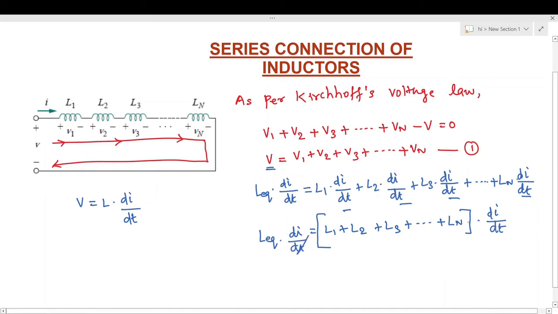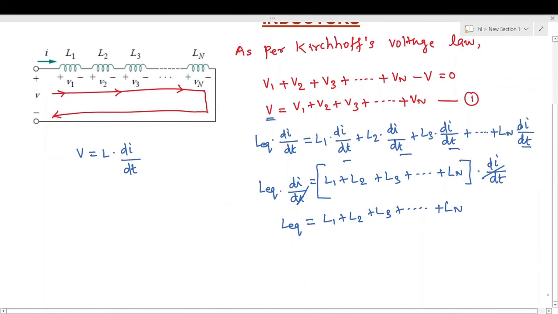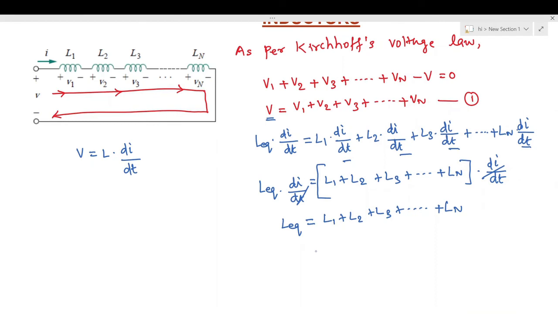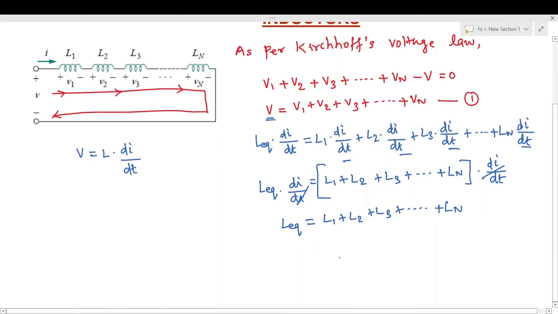So the equivalent inductance value will be the summation of the individual inductance values in the series combination, L1 plus L2 plus L3 and up to Ln. Now from this equation we can come to a conclusion that in a series circuit the equivalent inductance will be the summation of individual inductance values, which is the same as resistors in series.